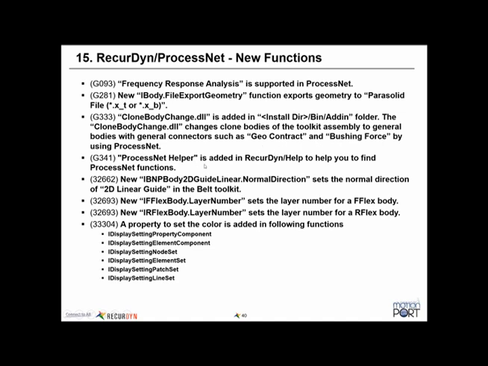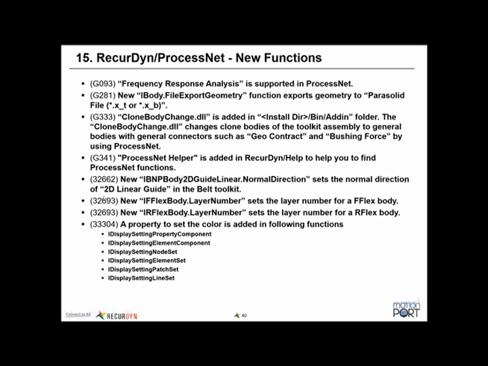And then ProcessNet Helper is added into the RecurDyn help, so then you can search and find ProcessNet functions. You can set the normal direction of a linear guide, a 2D linear guide in the belt toolkit. So this is for the 2D belt, which is more recent than some of the other toolkits.